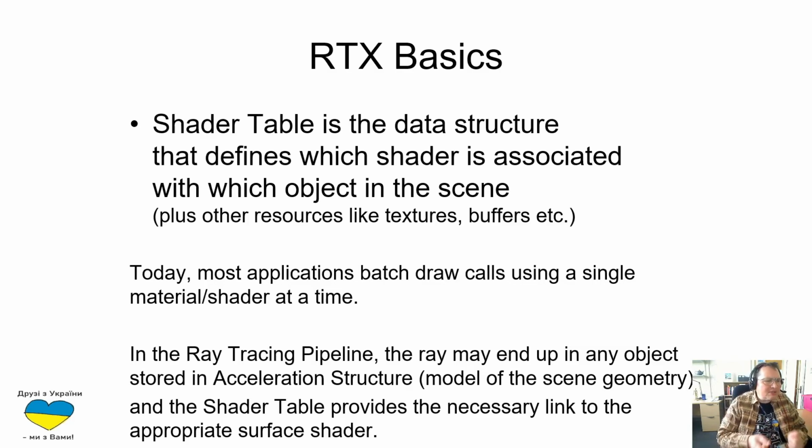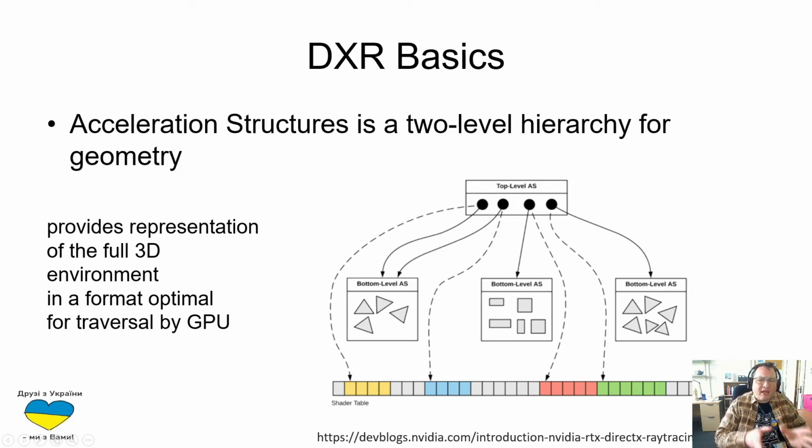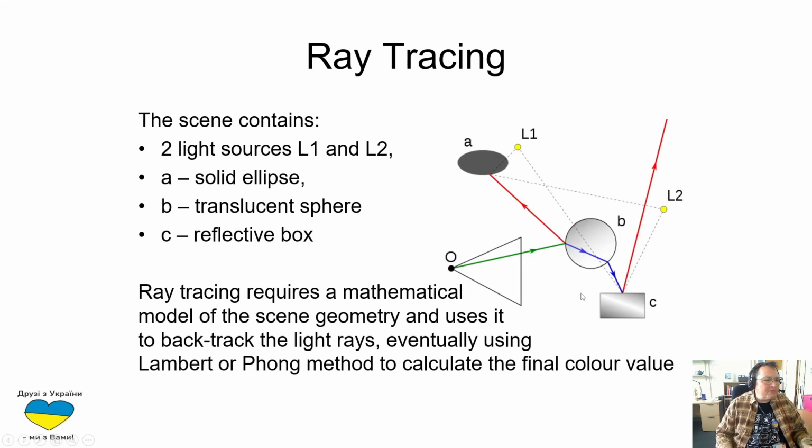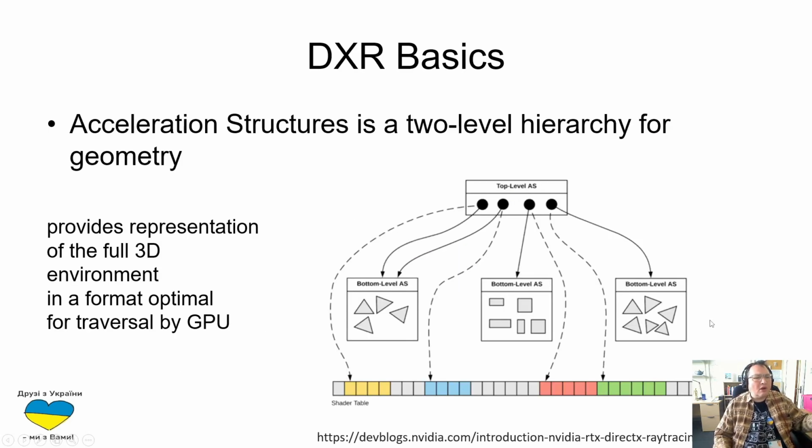But this approach wouldn't work in the ray tracing pipeline simply because the ray may end up in any object after this traversal through the acceleration structure. It may end up in any object of the scene geometry, and we know that this process can be quite complex with multiple reflections, multiple refractions, and even dividing a single ray into two rays, like in this case that I showed a few slides ago.